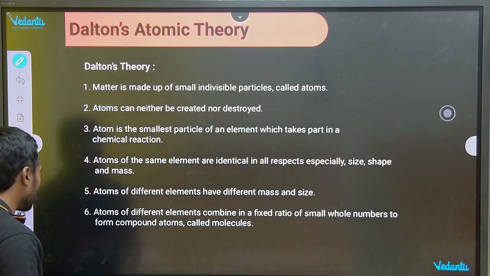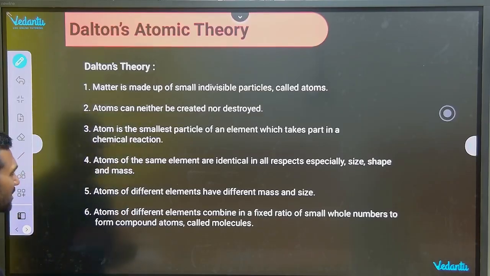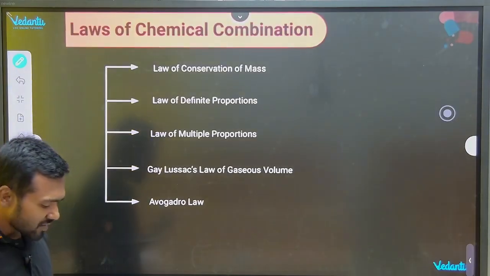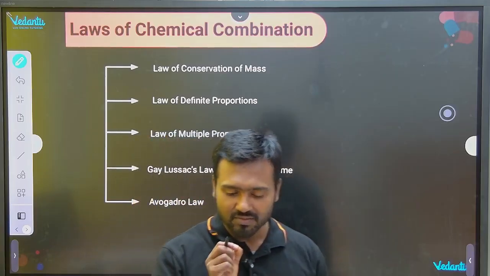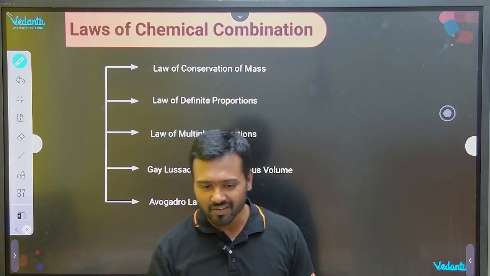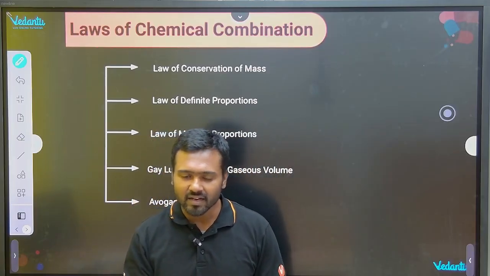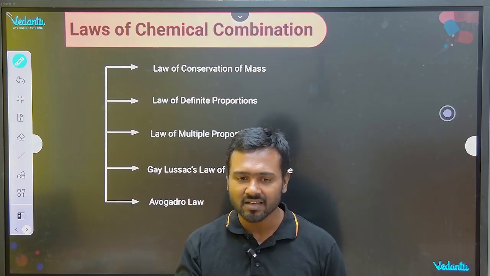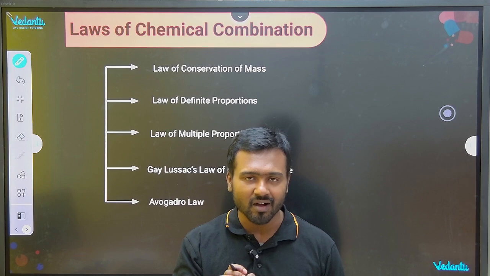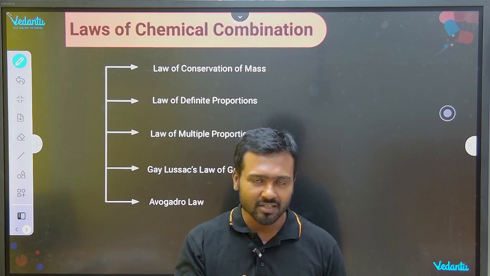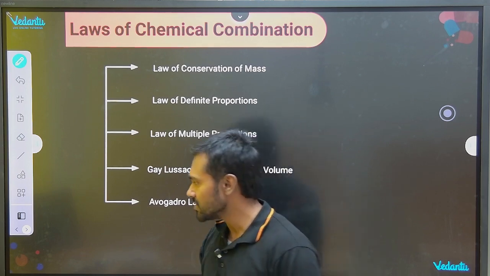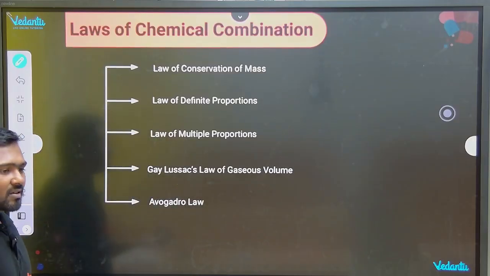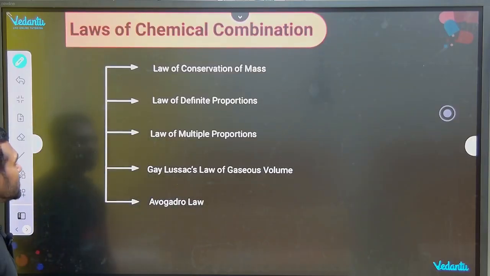In this, as usual, you have to remember the points which are important from the NEET or JEE point of view. Even JEE asks this directly, they ask the points as they are, and they ask which of the following statements is wrong or right according to Dalton's atomic theory. So try to remember Dalton's postulates also.